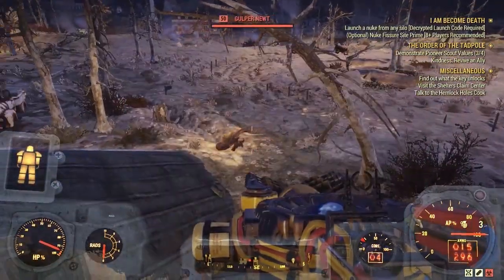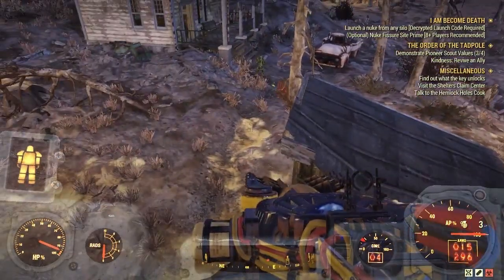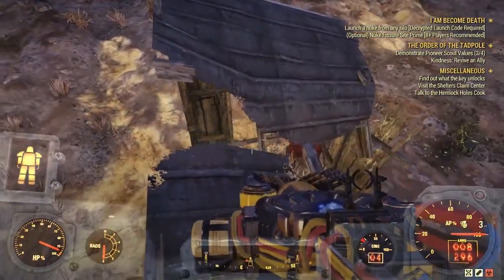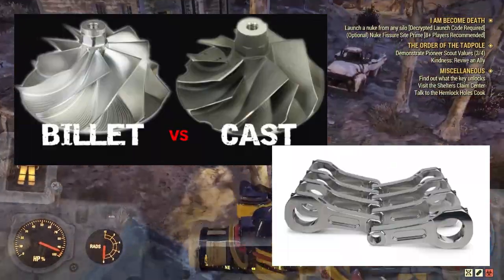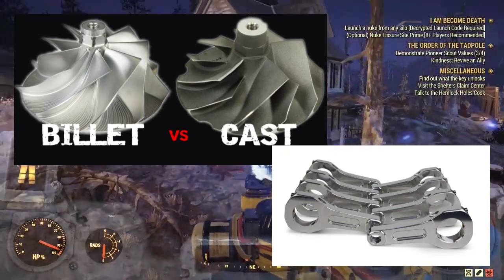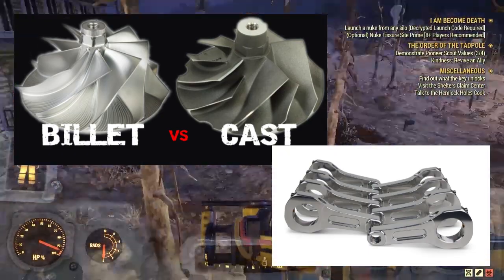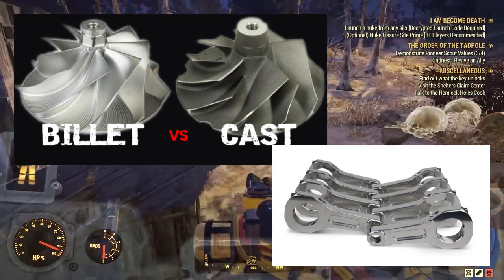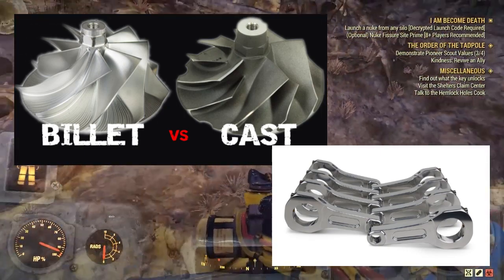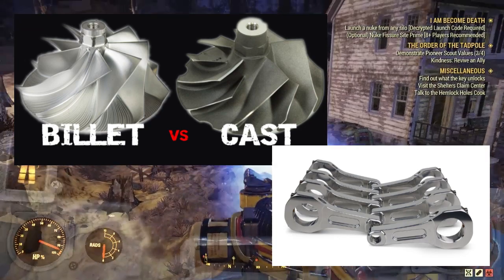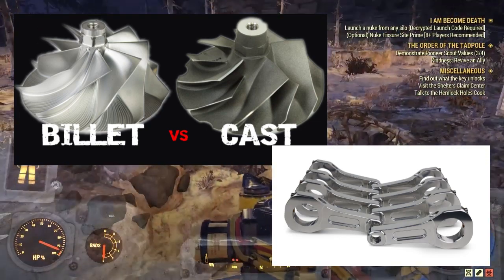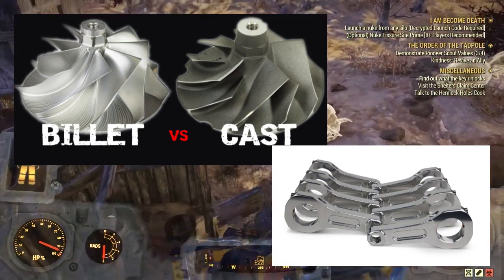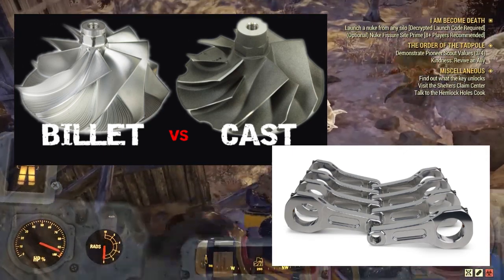Now, billet aluminum is a bit different. I was actually trying to read up on billet aluminum. Apparently, it was created quite some time ago. But as far as automotive application and use, if I'm not mistaken, it's more of a recent thing, just due to the scarcity of aluminum way back in the early 1900s.